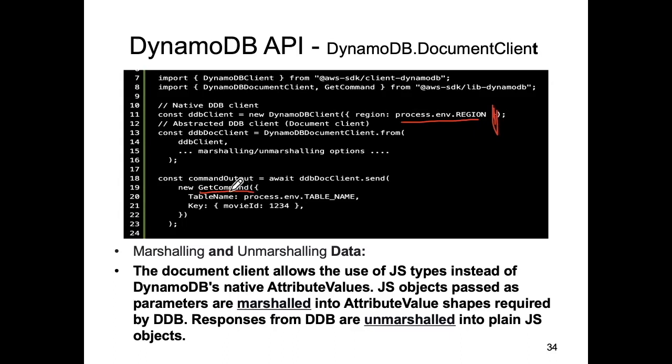So I'm creating an instance of this get command object, and I'm essentially passing that to my document client. That's the only parameter I'm passing to it. And I'm invoking, this is probably the only method of the document client that we use, the send method. And it's this idea that we're now sending a request to our DynamoDB service. And of course, that's happening across a network, which is why I'm prefacing it with the await. It's not local to me.